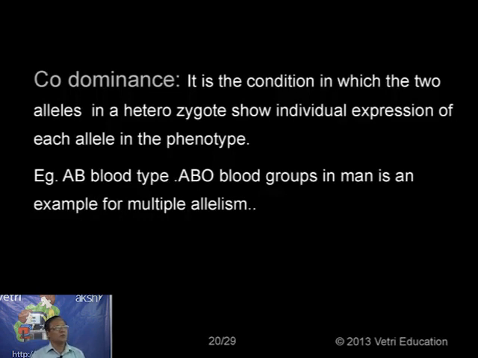Now, in the case of the ABO blood group, a single gene being represented by more than one form is called multiple alleles. What do you mean by multiple alleles? Let us take gene A. Normally we have only two alternative alleles, capital E and small e.